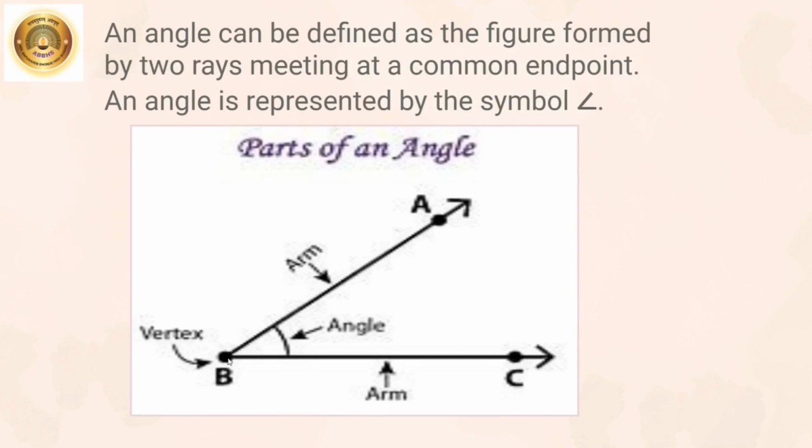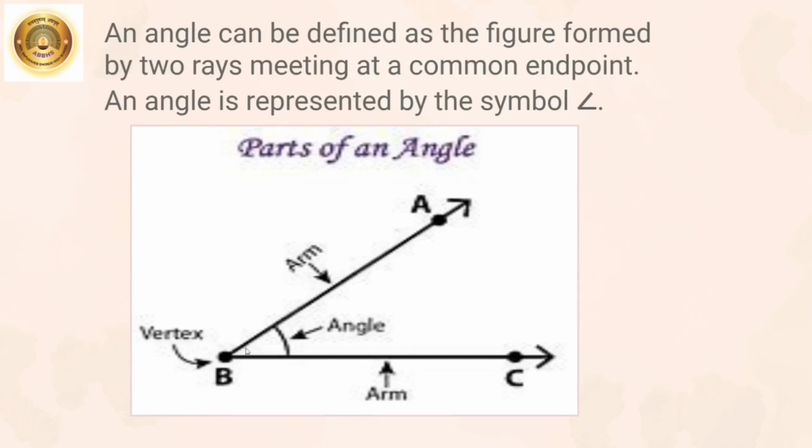They are having a common endpoint B. So, this common endpoint is called the vertex of the angle. And the 2 rays that make the angle are called arms of the angle. Here, BC and BA are the arms of the angle.